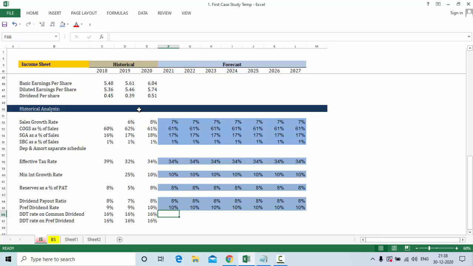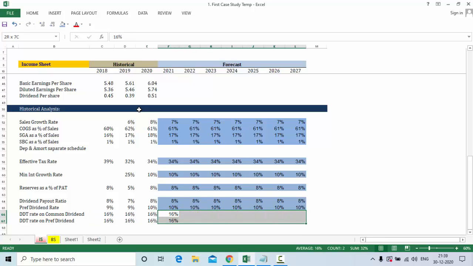Now we have to forecast this also. So equal to, we have to take the assumption also. So what we will assume that DDT will remain constant throughout the future. So let me type 16% here, and this also will be 16% because this was constant in the last 3 years.